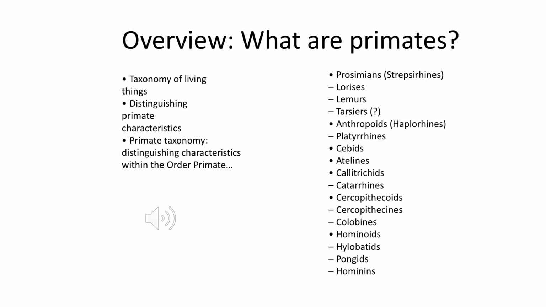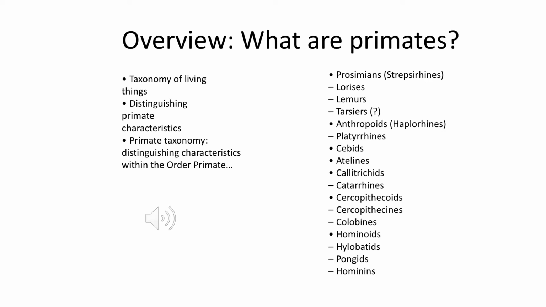So we're going to start with our prosimians. Prosimians literally means pre-monkey, so they're the first stop on our evolutionary journey from mammals to humans. The Latin word for prosimians is strepsirrhini. That's why that taxonomy chart is so important.